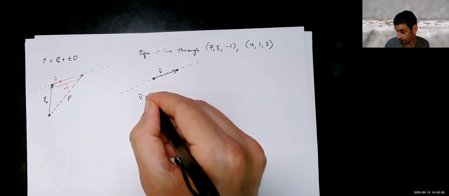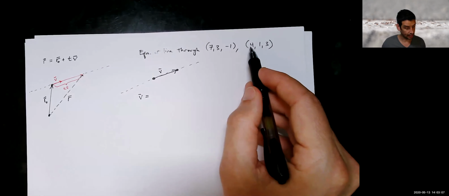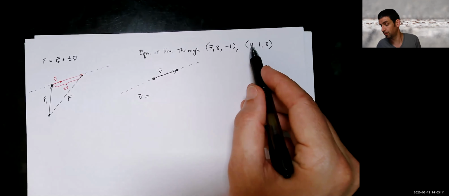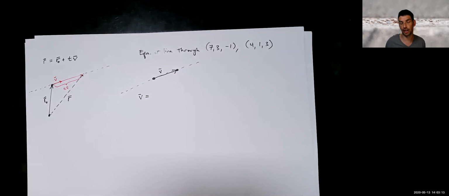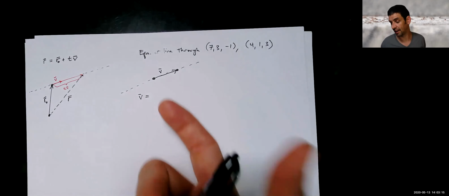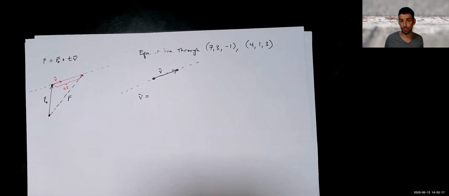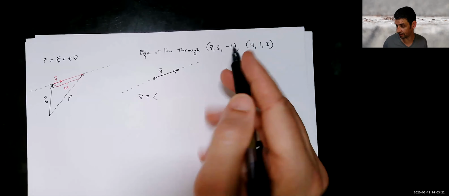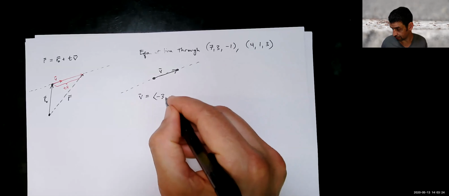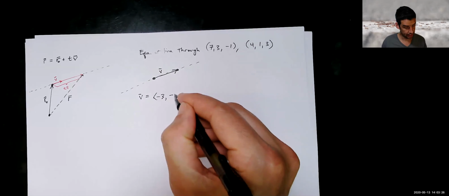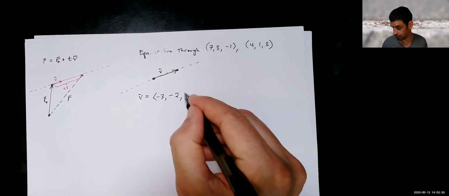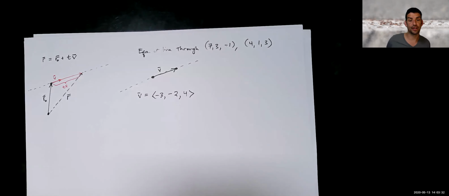Remember, if we want to find the vector between 2 points, we can take the coordinates of one and subtract the coordinates of the other, either direction. It doesn't matter in this case. It'll change which way v faces, but we're happy with either one. So we'll get 4 minus 7 gives me -3. 1 minus 3 gives me -2. 3 minus -1 gives me 4. And there's my vector v.